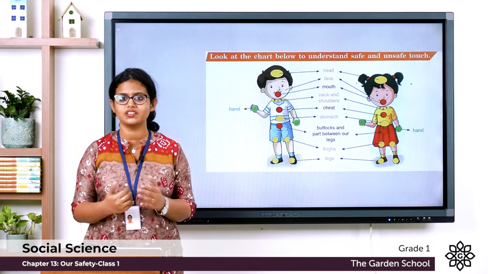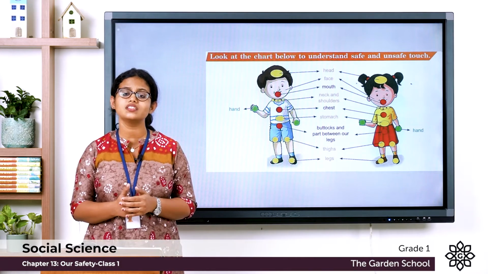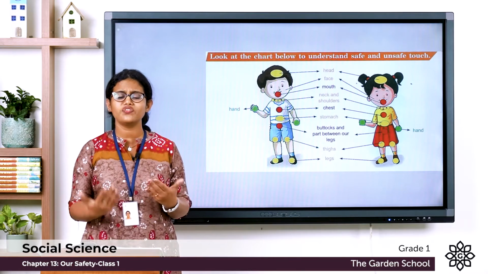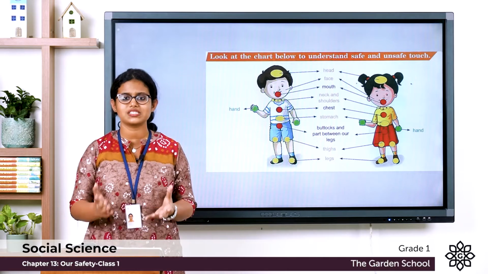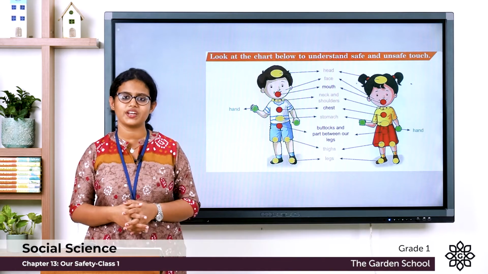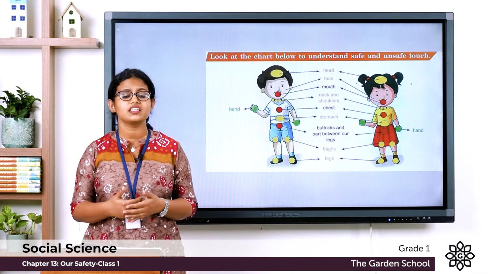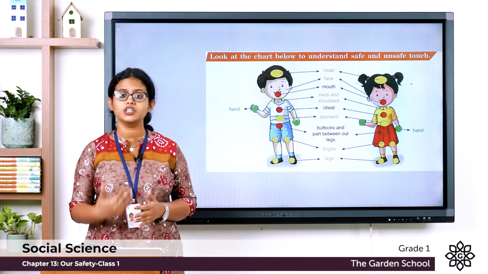You feel good, right? That is a safe touch, or a good touch. When your friends give you a handshake or a high five, you feel good, right? That is also a safe touch, the touch that makes us feel good.